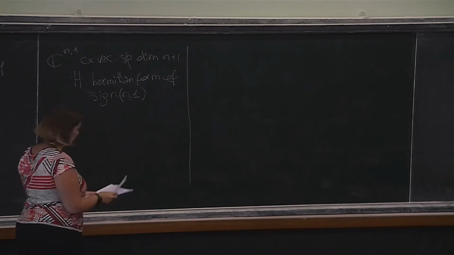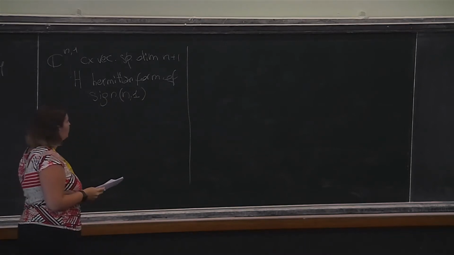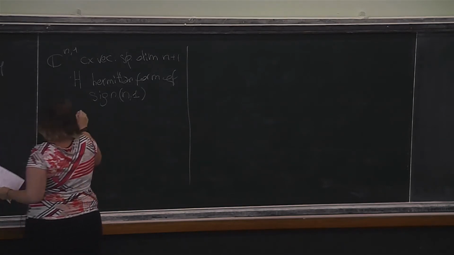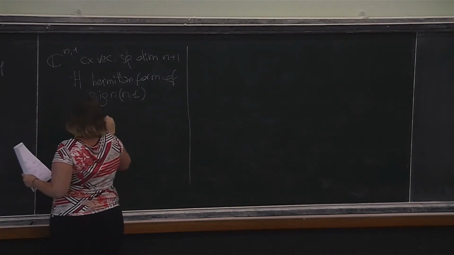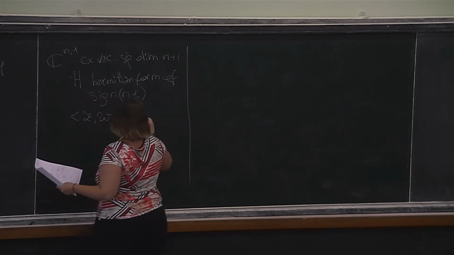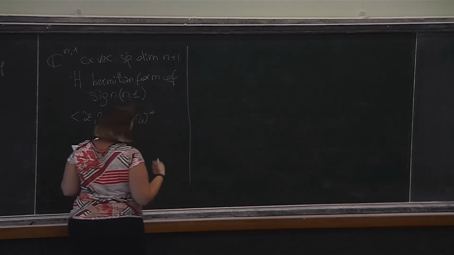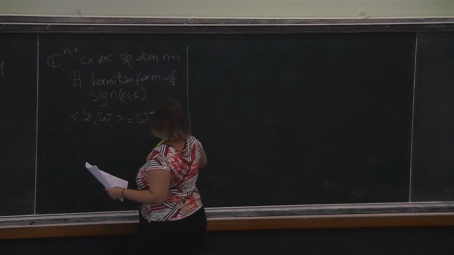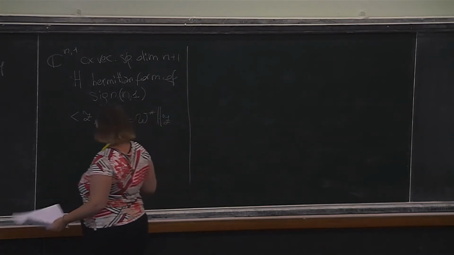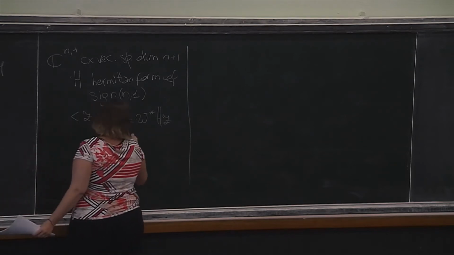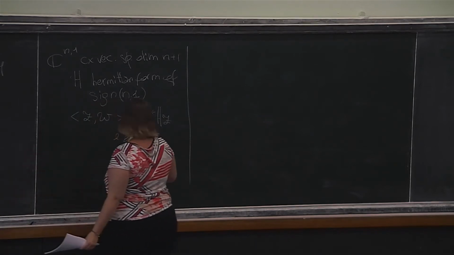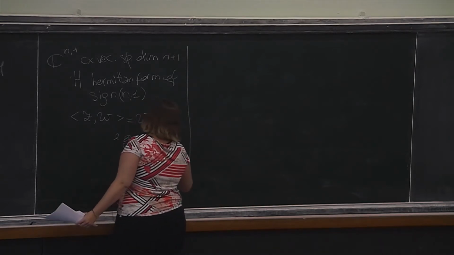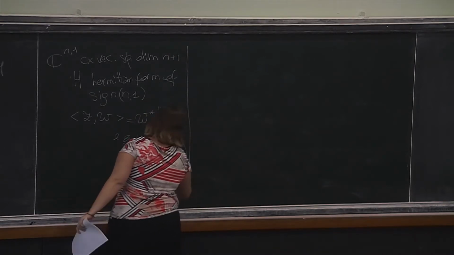Where Hermitian means that the conjugate of the transpose is the same as the matrix itself. And this allows us to define a product as W star, where star means the transpose of the conjugate, times H times Z. And the most obvious example is to take H to be 1s and one minus 1.